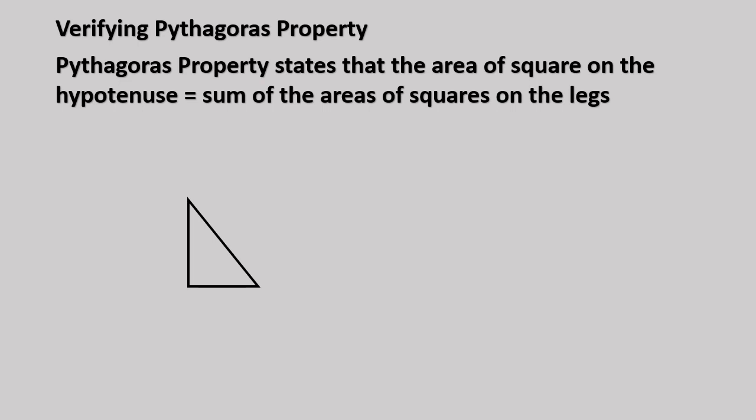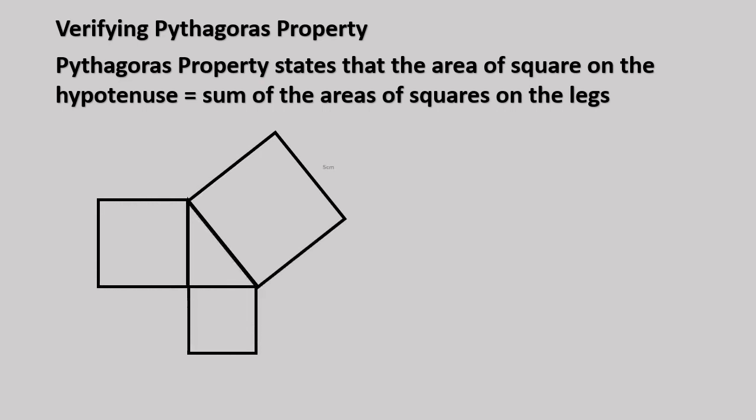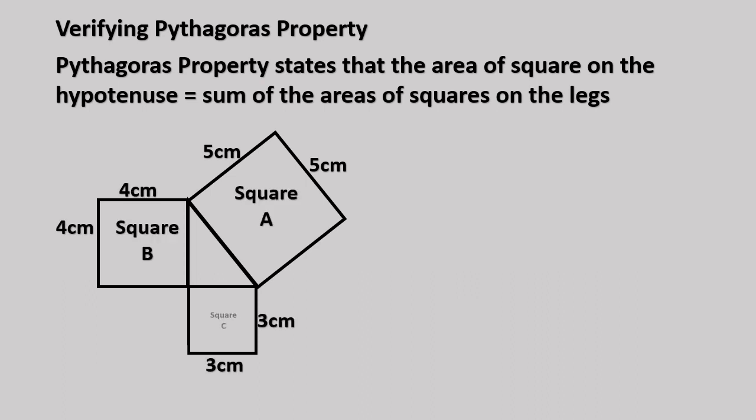With the hypotenuse as a side we draw one square, then with each leg as a side we draw two more squares. Like this, and the measures of the sides of these squares are given.